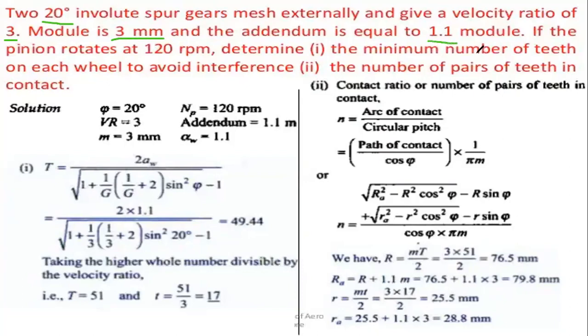If the pinion rotates at 120 rpm, that is the speed of the pinion, N_p, is 120 rpm, then determine the minimum number of teeth on each wheel to avoid interference and the number of pairs of teeth in contact.